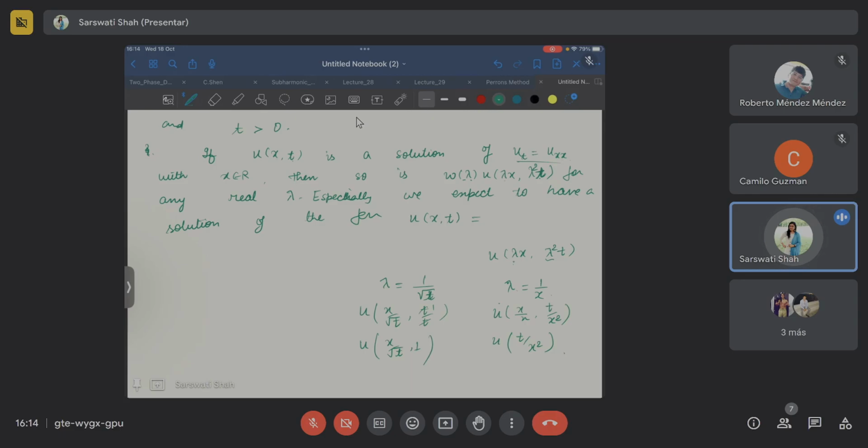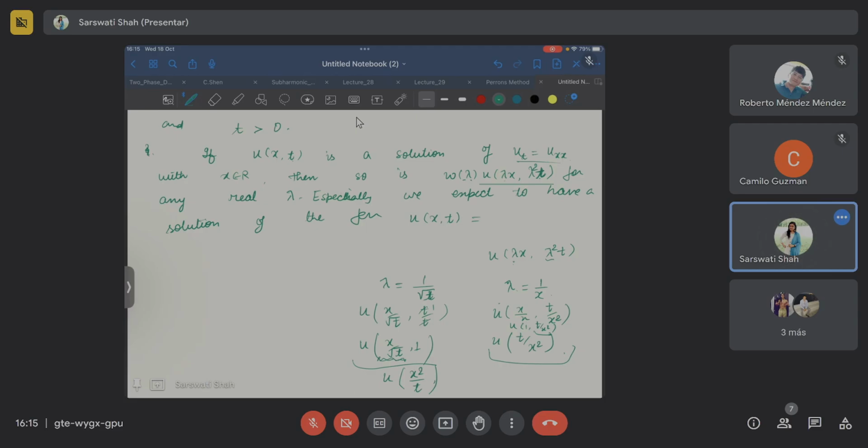In both cases, since this rescaling holds for the solution of the heat equation, the solution will be of either this form or this form. Since in u of 1 comma t over x square, one coordinate is 1, which is constant, it is varying with only one variable t over x square, or you can say it is varying with only one variable x over root t, or simply x square over t.